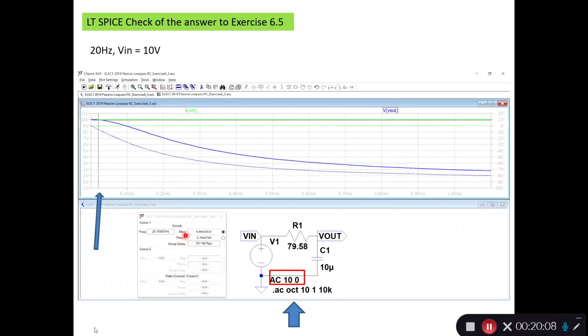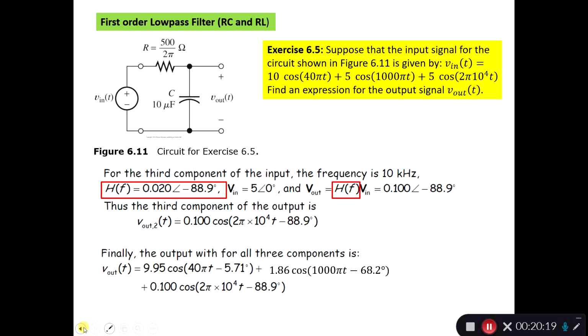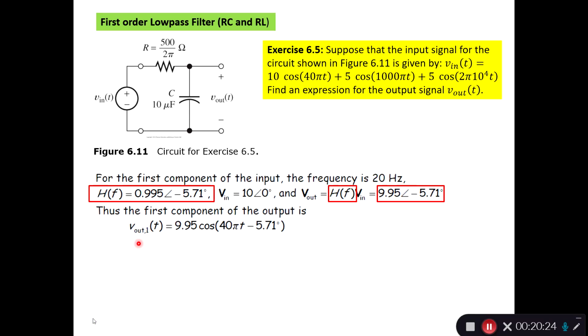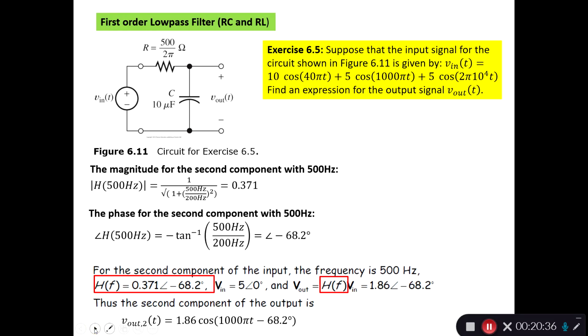In this case, I get a magnitude of 9.94 and a phase of minus 5.7. That is quite close to what we calculated, 9.95 and minus 5.71. So check, this is correct.